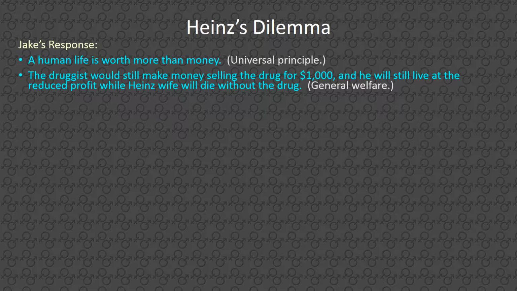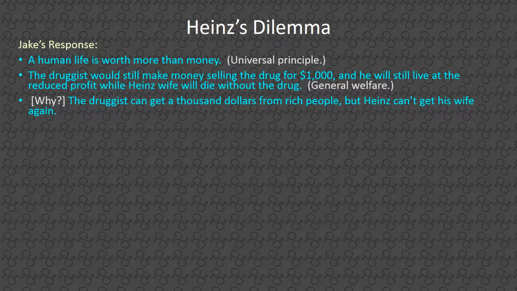When asked why a life is worth more than money, Jake says the druggist can get $1,000 from rich people, but Heinz can't get his wife again. When pressed again for his reasoning, Jake points out that people are all different. So Jake here seems to be considering universal principles, or perhaps the values of society, that a life is worth more than money. He also seems to be considering general welfare.